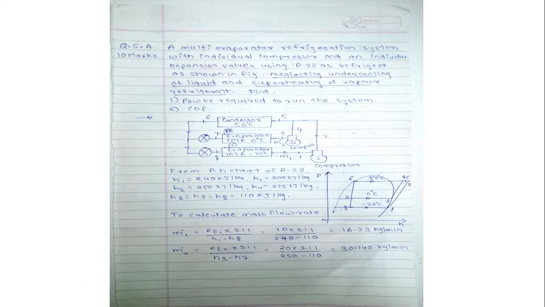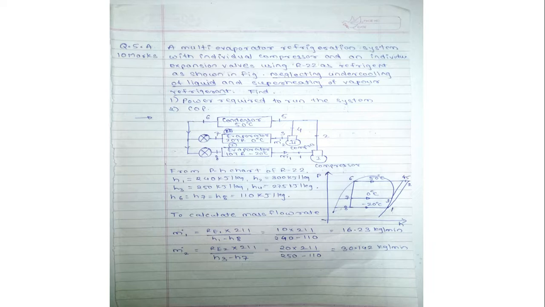After calculating all these enthalpies, the second step is calculating the mass flow rate. As we are using different compressors, compressor 1 and compressor 2, there is a different mass flow rate for each. The formula is RE1 into 211 divided by H1 minus H8.